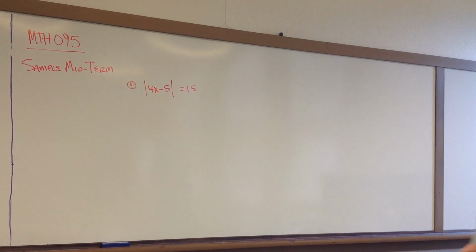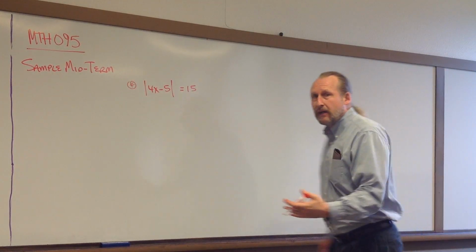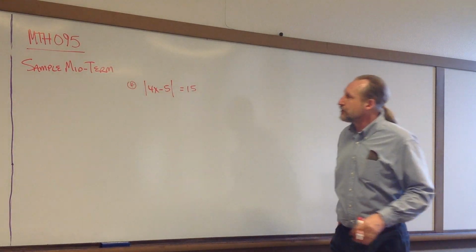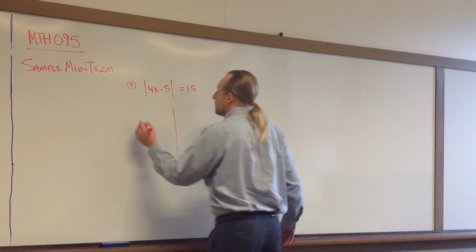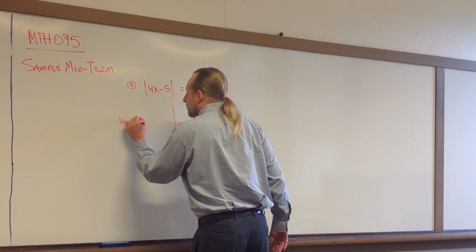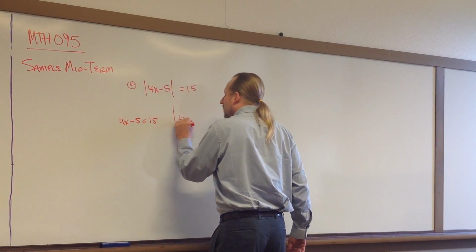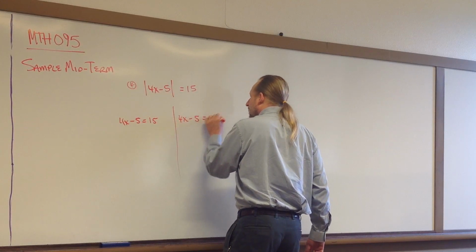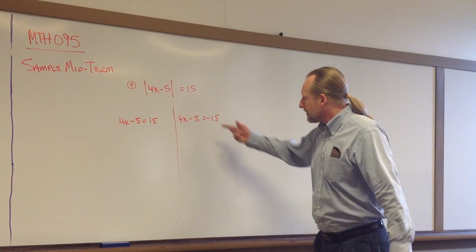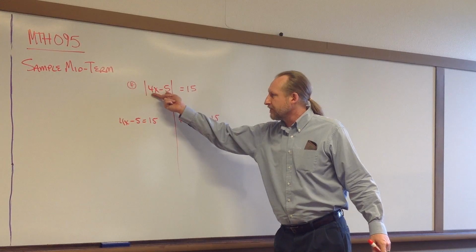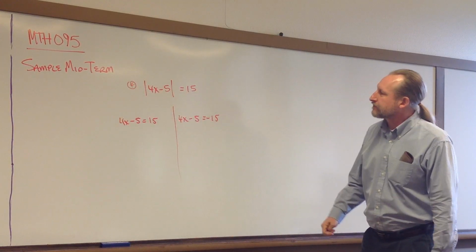Now the fundamental idea of an absolute value is that it splits into two pieces because you've got two possibilities. 4x minus 5 could be 15, or 4x minus 5 could be negative 15, because when you take the absolute value of that negative 15, you'll still get 15.